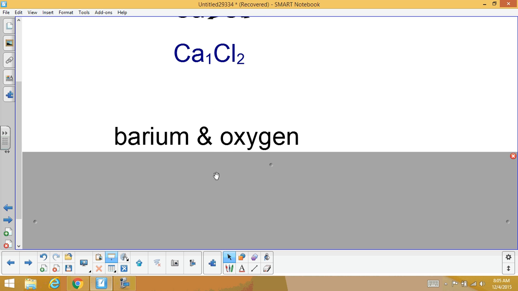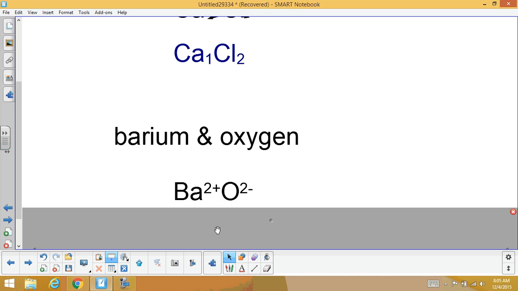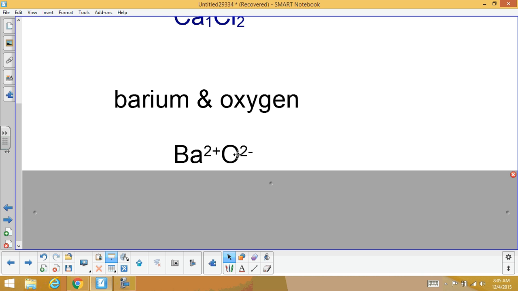Barium and oxygen. Once again, we've got to look at the periodic table. If you don't remember the symbols or the charges, that would be helpful. Bring it down. We have Ba2+, oxygen 2-. Next step is to switch them. So the 2 comes over here. 2 gets crossed over here.